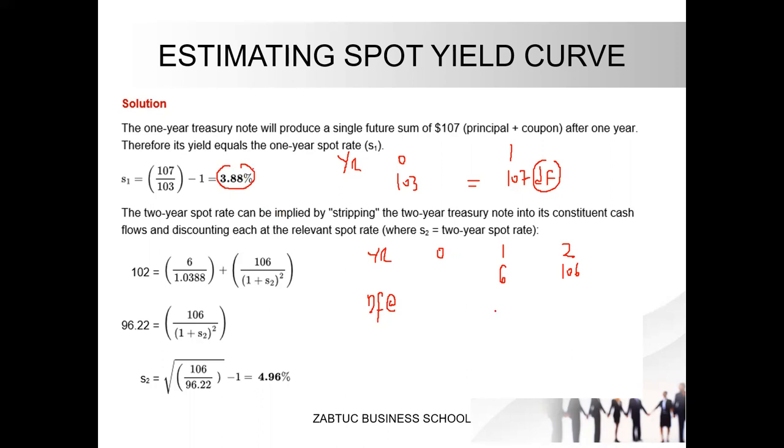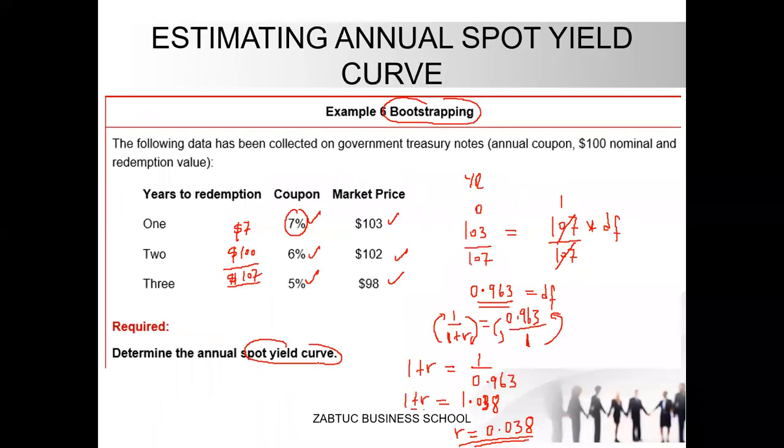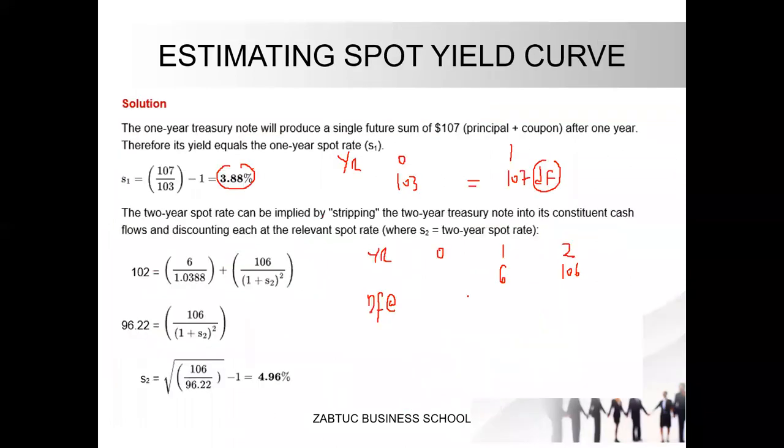You already worked this out, and you told me it was 0.963. So here, 0.963 is known. The only rate which is missing is this one here, and that's the one that we are working on.